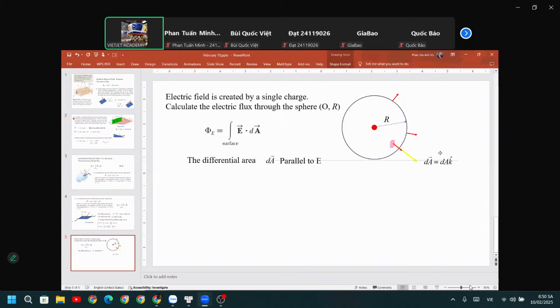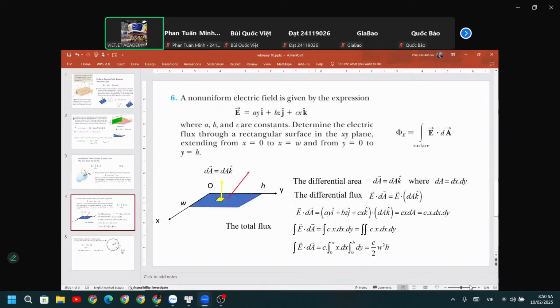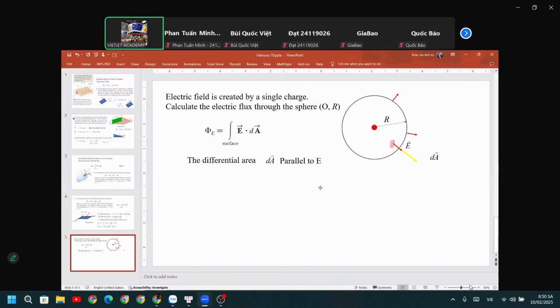This is the dA vector, the yellow. But I don't have K anymore. Right? And what's the E vector? Okay, now at this area dA, we have the differential. I copy it from the previous.